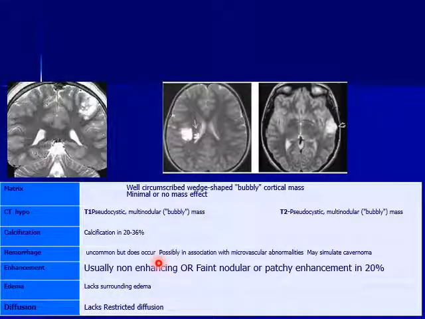Uncommon to see hemorrhage in this tumor. Usually, this tumor doesn't enhance or shows faint nodular patchy enhancement. This is important. No enhancement or just faint patchy or nodular enhancement. Benign, so it lacks surrounding edema, and it lacks restricted diffusion.